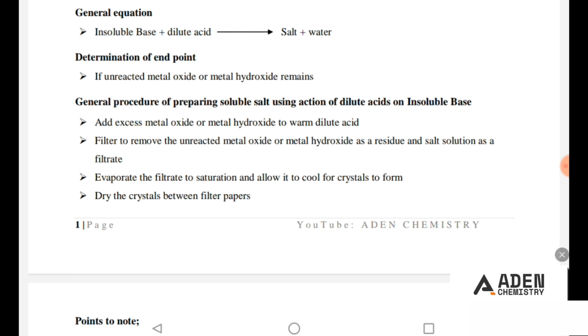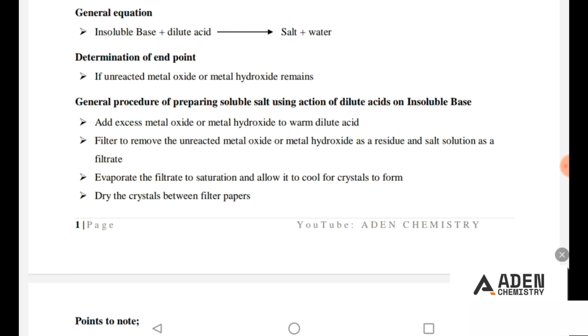So we proceed to the general procedure of preparing soluble salts using action of dilute acid on insoluble base. The procedure will be similar to the first method, that's action of dilute acids on metals, but there's a slight change. First, add excess metal oxide or metal hydroxide, that's our insoluble base, to warm dilute acid.